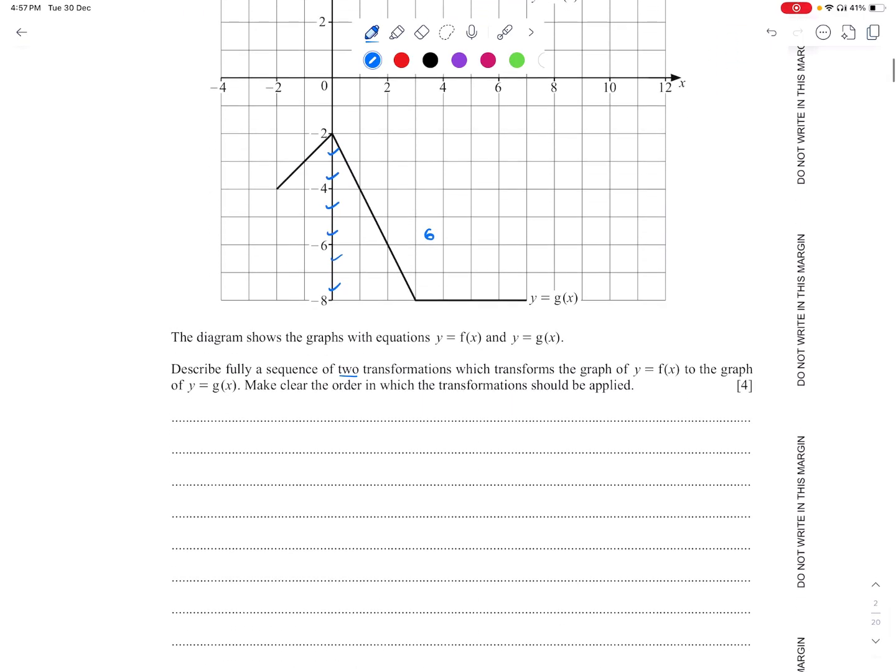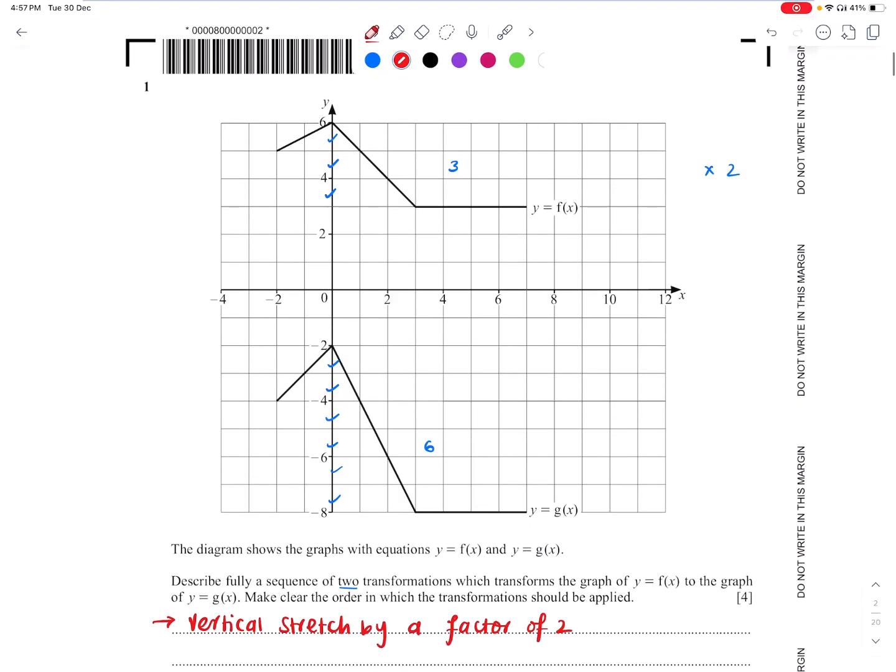So first of all, I can write down my first transformation, that is vertical stretch by a factor of 2. All right. Secondly, whenever you have a vertical stretch by some factor, the y coordinates get multiplied by that factor.